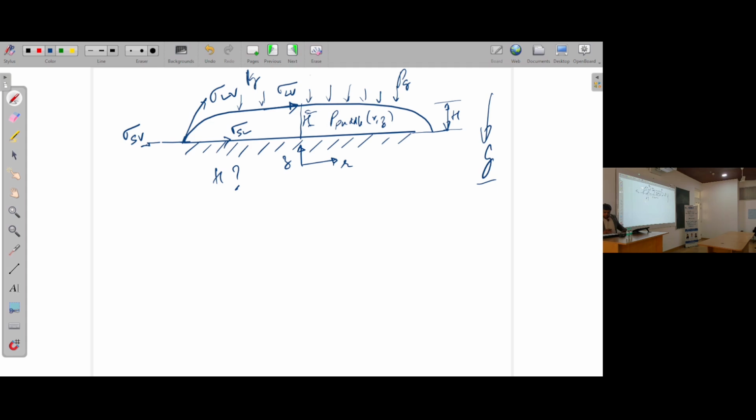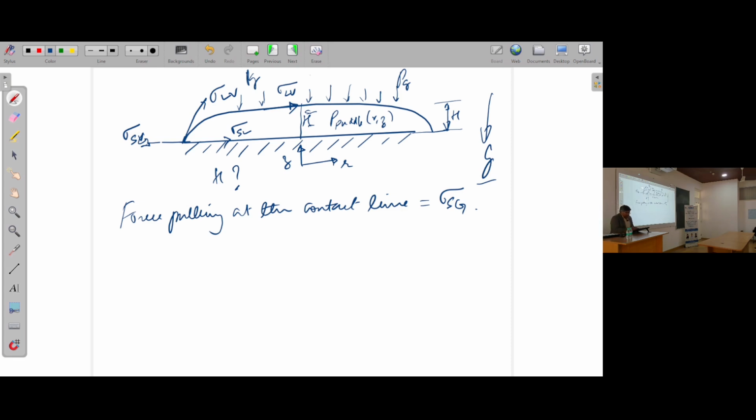So if we start like this, the first thing we do is look at the force pulling at the contact line. The force pulling at the contact line is sigma Sg or sigma Sv, so this is obviously in one direction.